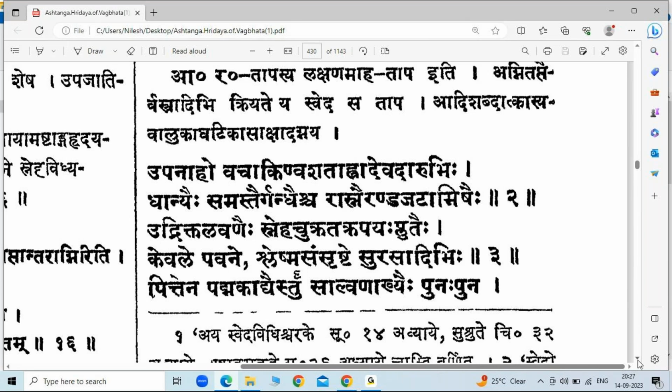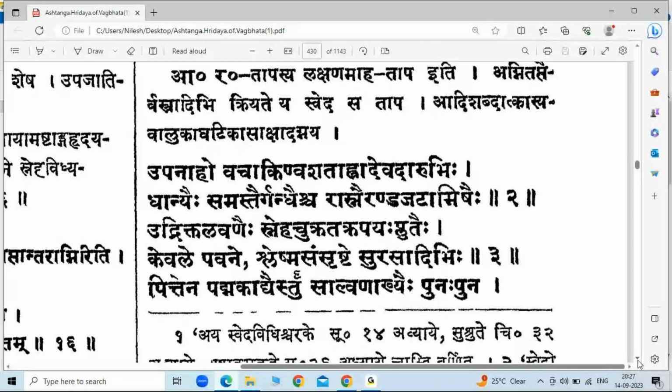Then shleshma samsrishte surasadibhihi. In shleshma samsrishte pavane, instead of using rasnairanda jadamisham, samasta gandham, dhanyam, etc., here we will use surasadi ganam. Surasadi ganam is famous, explained in the 15th chapter, Shodhanadi Gana Sangraham.